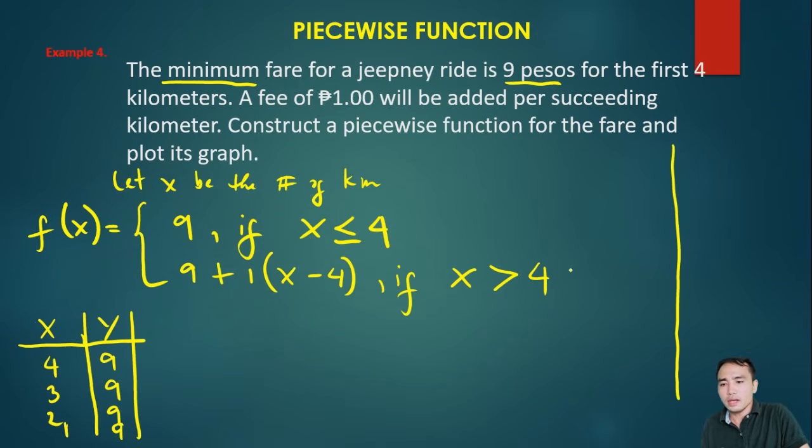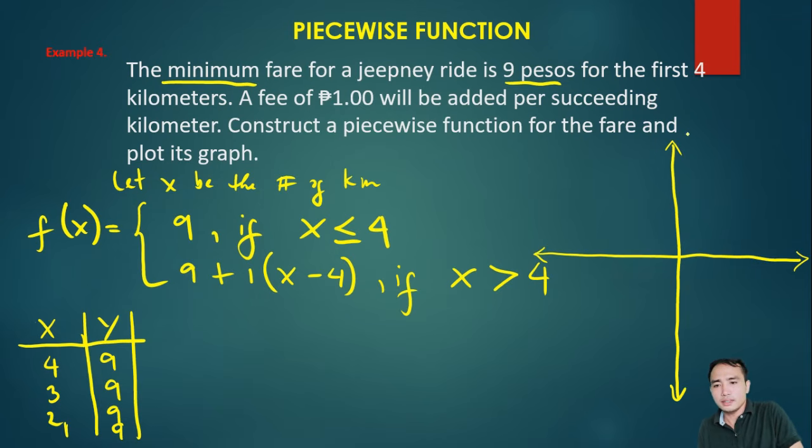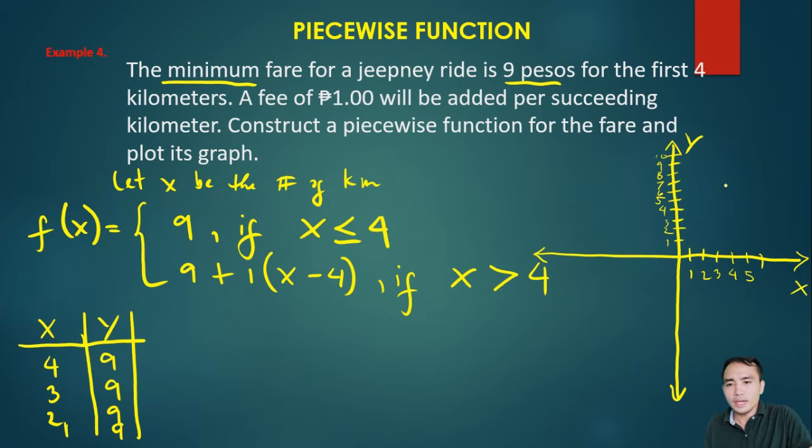Okay, let us construct an xy plane para makita natin yung graph. So, this is y-axis, x-axis. Okay, and then label. I-plot muna natin yung f of x equals 9 if x is less than or equal to 4. Okay, so 4, 9.